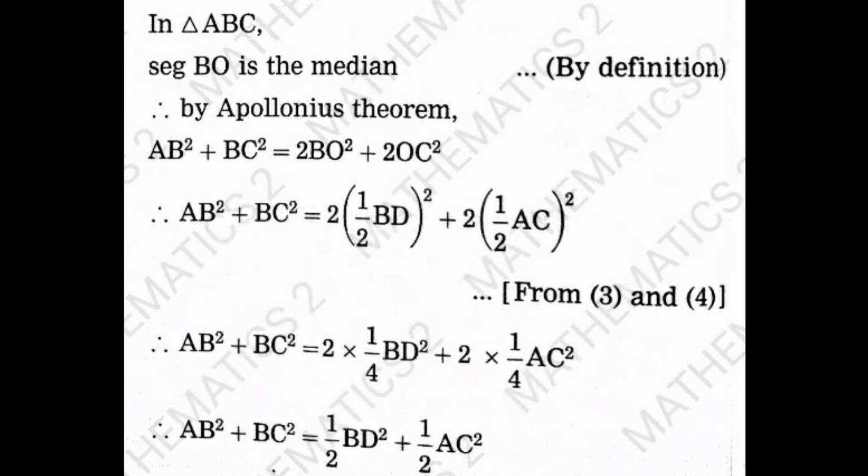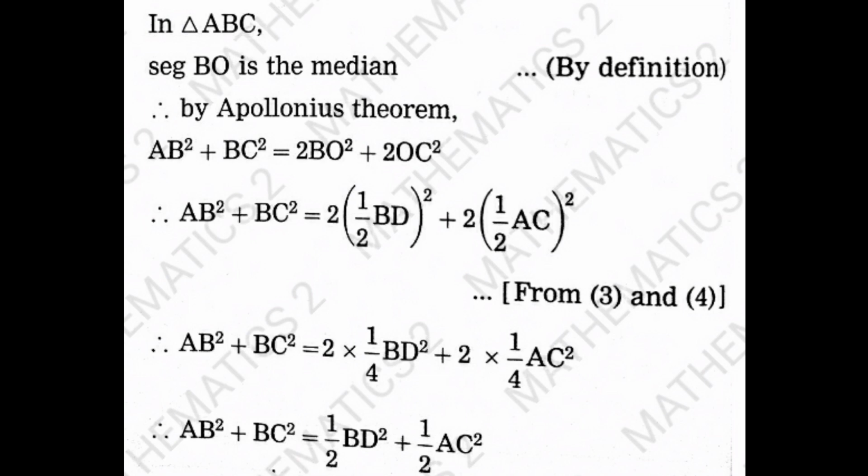AB square, BC square I will keep as it is. Therefore AB square plus BC square is equal to 2 into the value of BO I will keep half of BD, and value of OC I will keep half of AC, and therefore what we will get, AB square plus BC square is equal to 2 into half of BD the whole square plus 2 into half of AC the whole square.